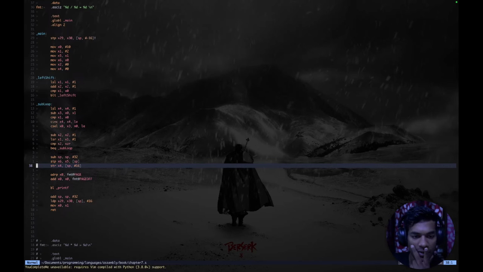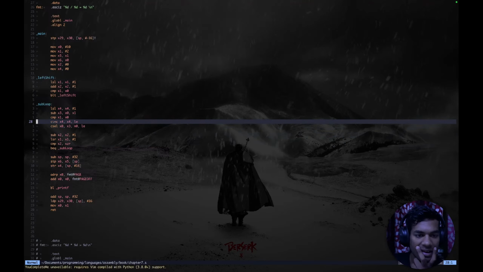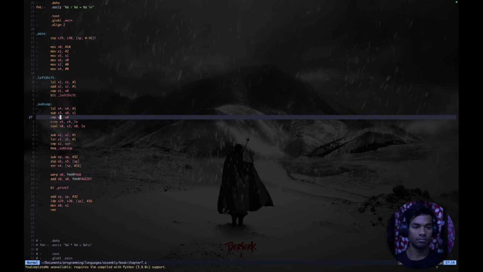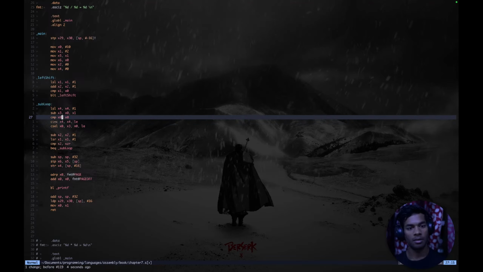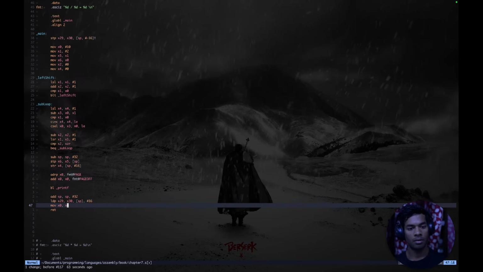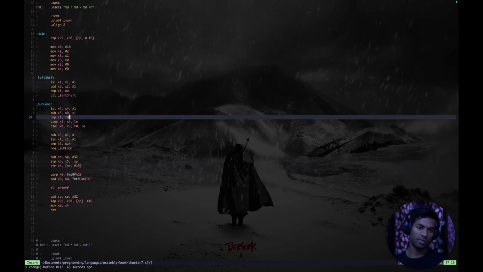Oh, let's do this. Why the heck is it becoming 0? Why is it not increasing? Why is the fourth register not increasing? Wait, I can do this instead of this.